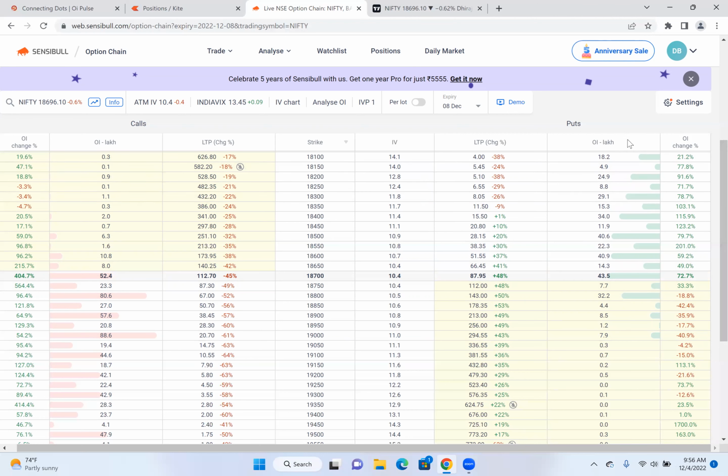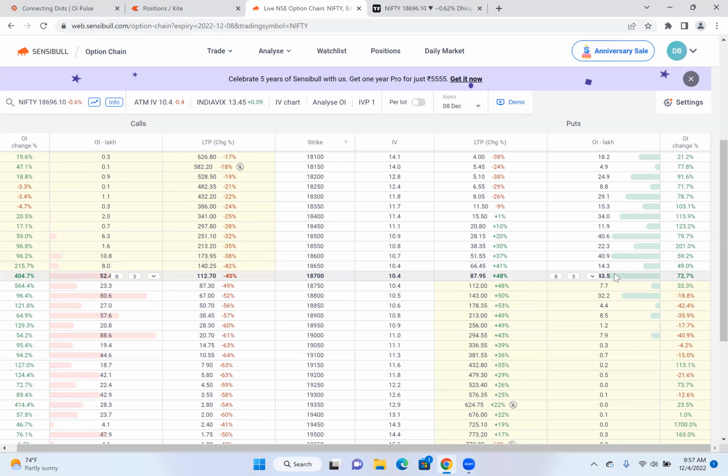This way, this column on the put, where my cursor is, 18,700. So pretty much at the ATM itself, and after that you see at 18,600 also 40 lakh contracts. At 18,500 also you see 40 lakh contracts, which means that while this is mildly bearish, it is not super bearish, right?